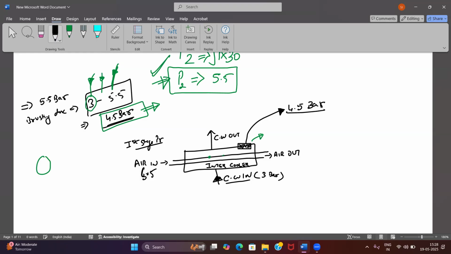Now the concept: why do I have a bursting disk only in my intercooler or aftercooler? Because I told you water is a closed system. This is my aftercooler, suppose.